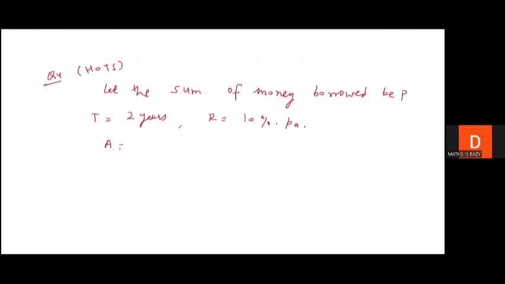Amount we will assume as principal plus compound interest. Here we have not been given any principal or amount. We have been given only the interest, which is 4,200. So we will apply the formula: amount equal to principal times (1 plus r by 100) raised to the power n. So amount here will become principal plus compound interest, and principal as it is times 1 plus.